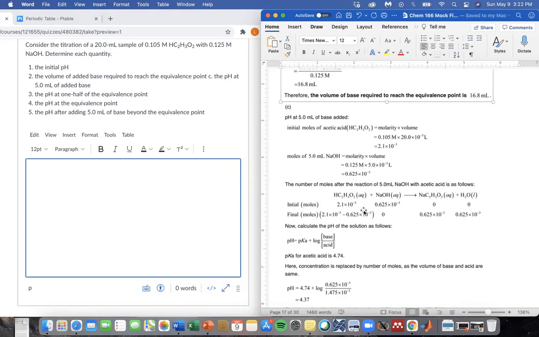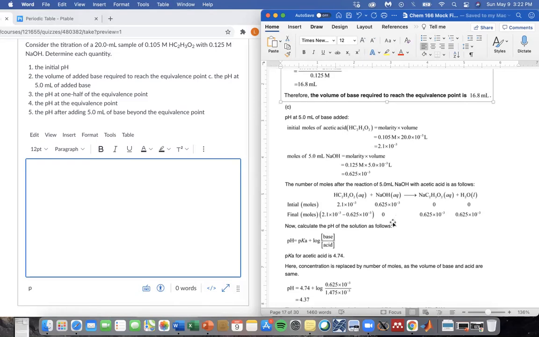So when you plug it into your table here, the NaOH is going to be the limiting reactant because it's so much smaller than the HC2H3O2. So you can subtract and get that 0 NaOH will be left. And then you would be producing 6.25 times 10 to the negative 3 of NaC2H3O2, and that's the number of moles of H2O as well.